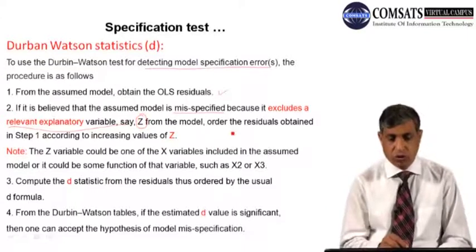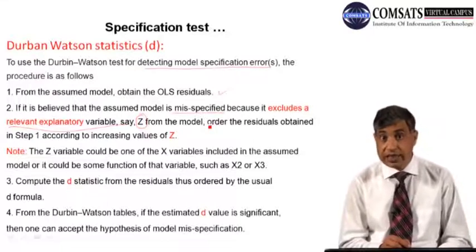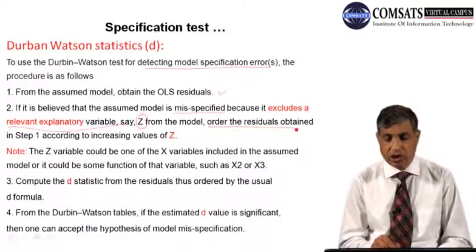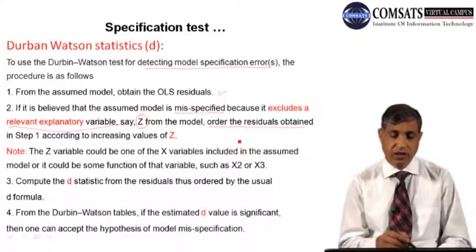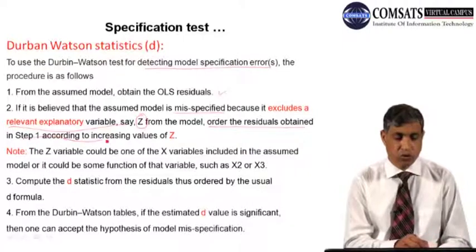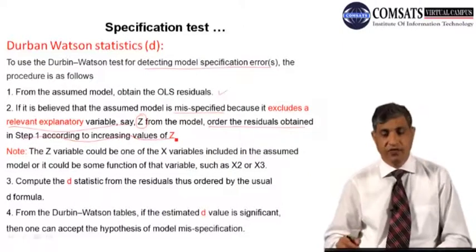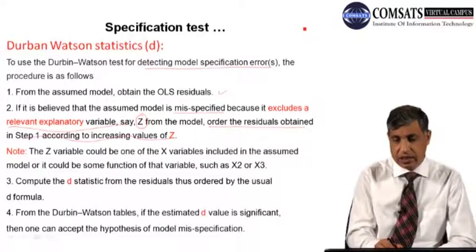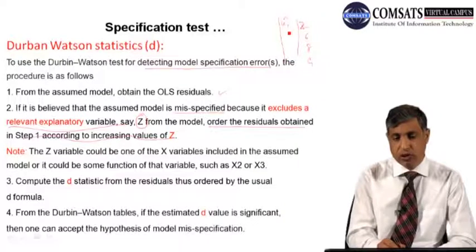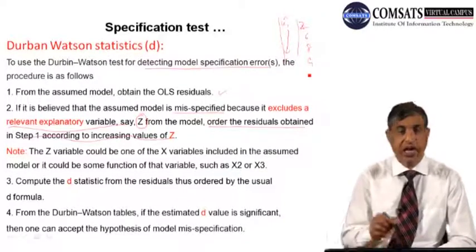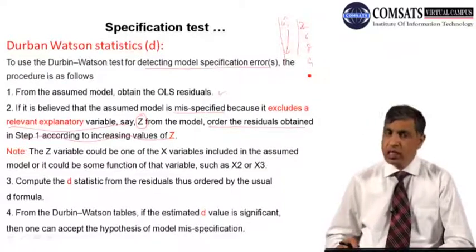So what will we do? Now you have come to know which is the Z variable. Now order the residuals you obtained from the OLS in step 1 according to increasing values of Z. For example, Z is 6, 8, 9, and you should also arrange the values of u_i so that they keep on increasing as the values of Z. Now you will be thinking, how will you know the values of Z?